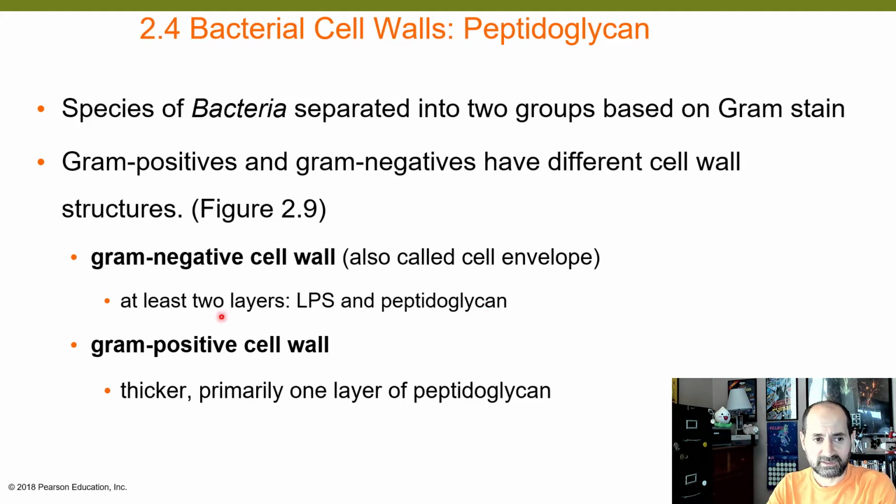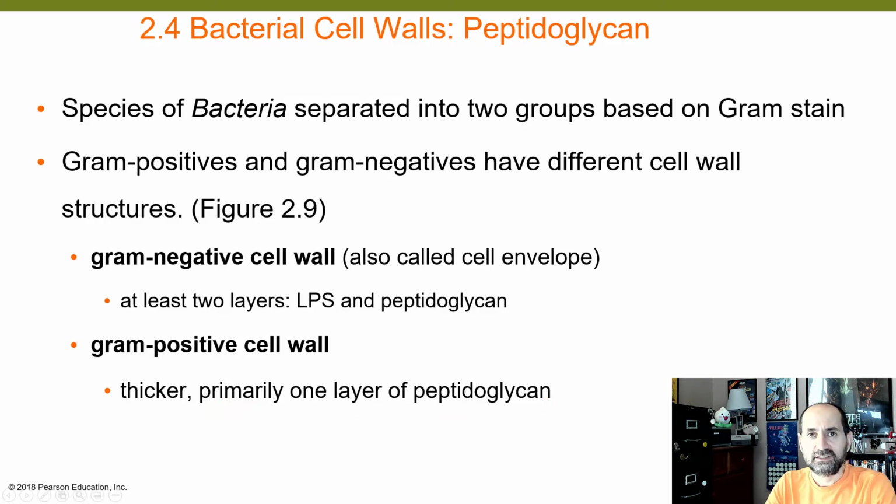I'm going to go through in detail and explain to you what this means, what the membrane of gram-negative cells looks like. Gram-positive cell walls, on the other hand, look a little bit different. There's only one cell membrane, but the cell wall itself is made of peptidoglycan, and it's a much thicker layer of peptidoglycan, and there's not much more to it than that.